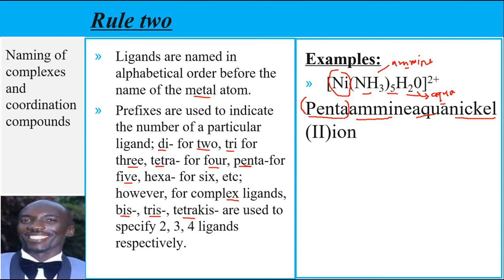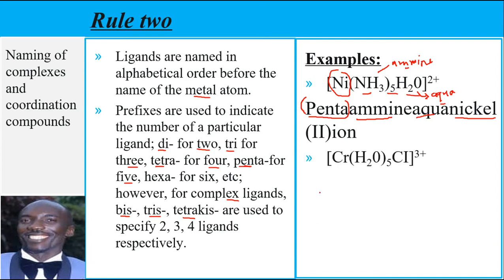It's not the name of the ligand, it is just the number, but the name of the ligand is amine. And when we are arranging these ligands, you use the names that they are supposed to use within a complex. So that's why we are using the word amine, not ammonia. And again, we are using the word aqua, not water, because they are already in a complex.